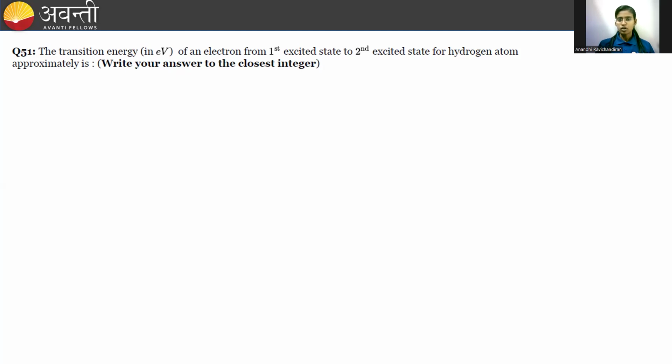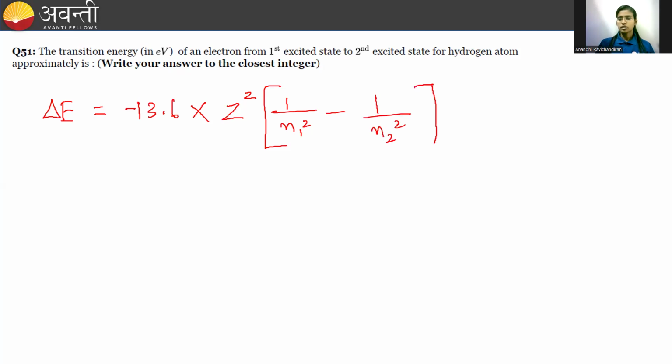We have one formula for delta E, the transition energy: delta E is equal to minus 13.6 into Z square into (1 by N1 square minus 1 by N2 square) electron volt. That is the unit.